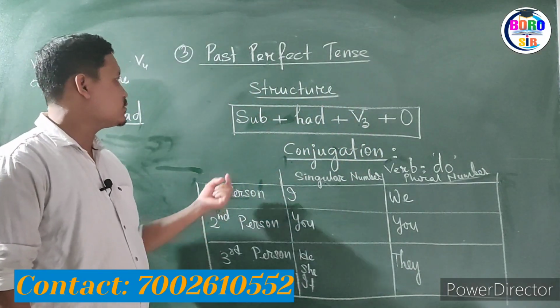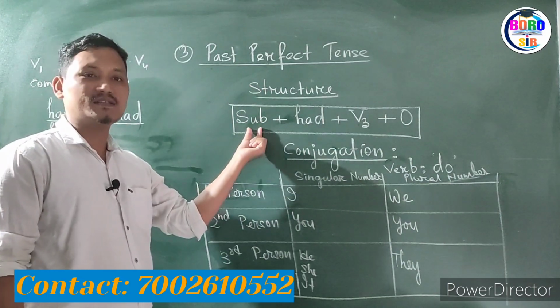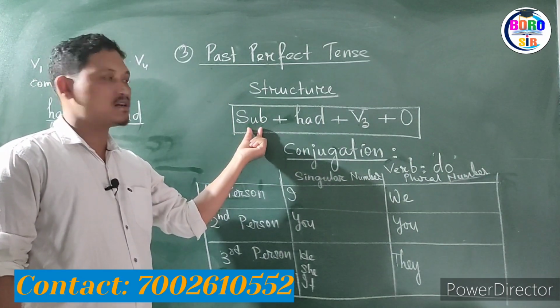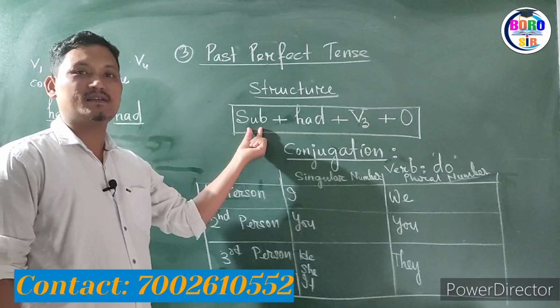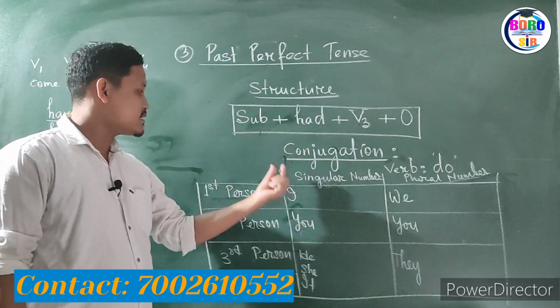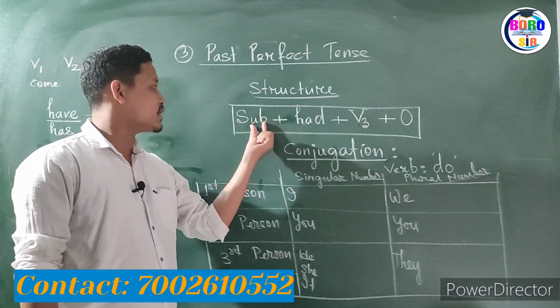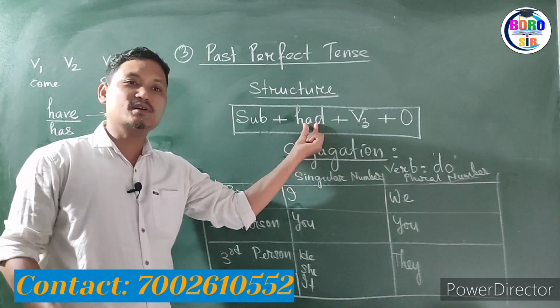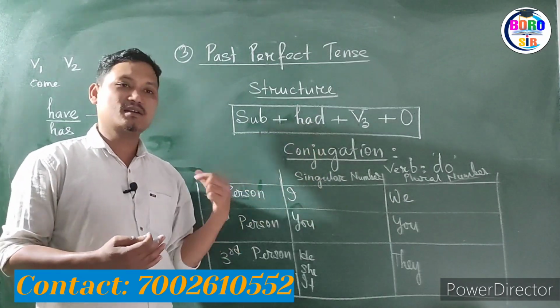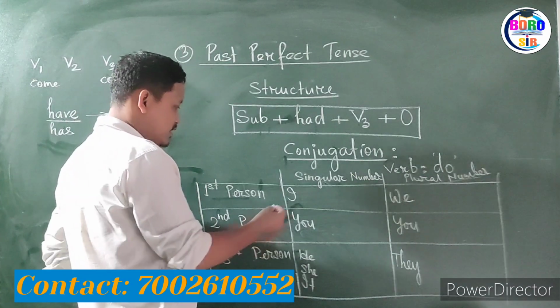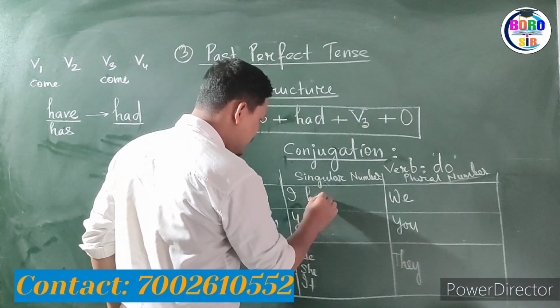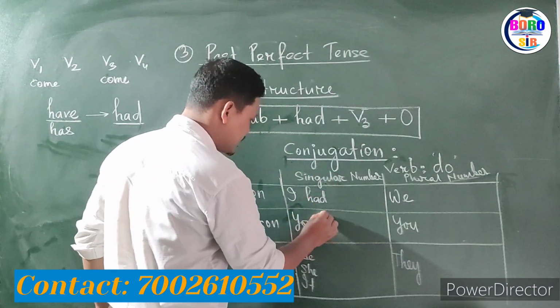Now we will look at the structure once again. The structure of past perfect tense says that after the subject, the auxiliary verb had should be here. So it is our duty to write the auxiliary verb had here.